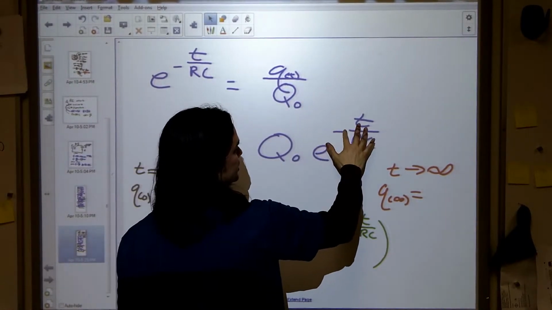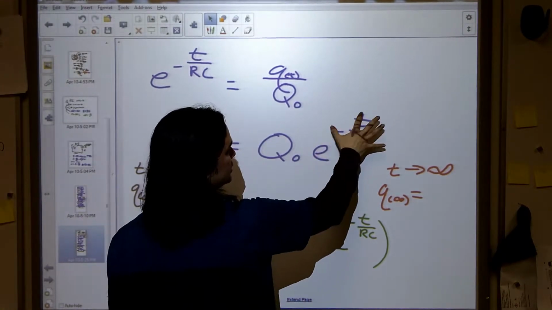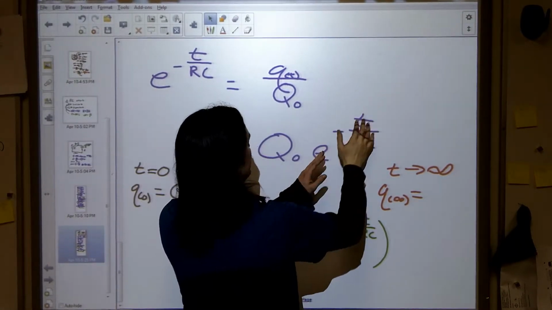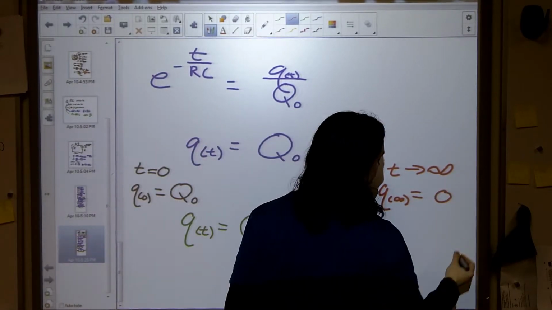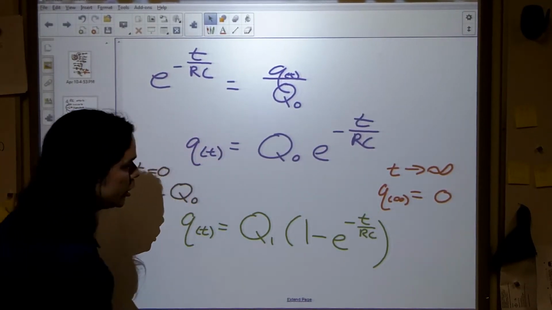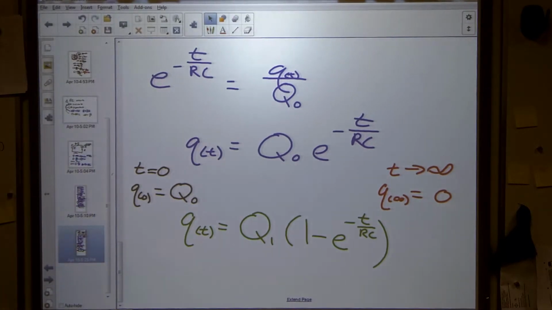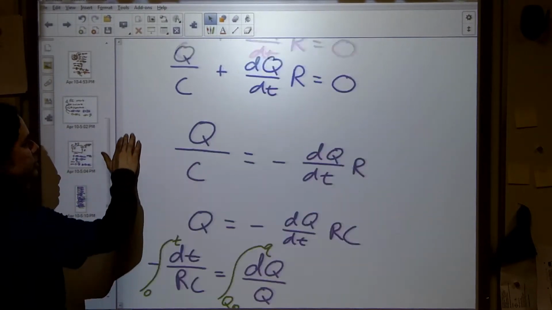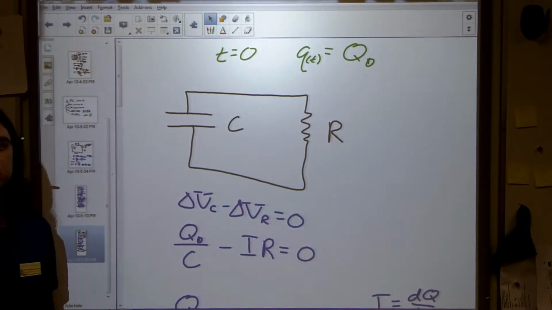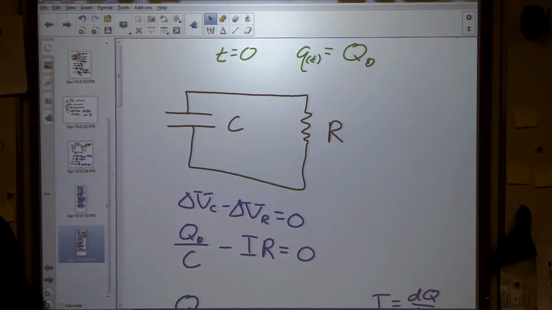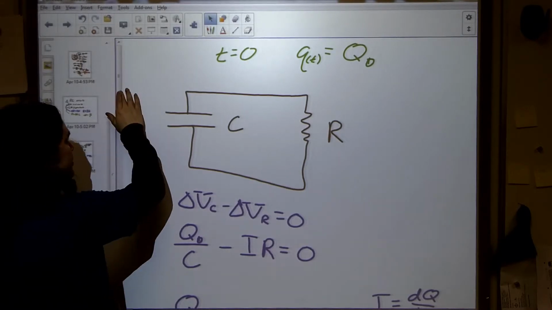As t goes to infinity, since this is negative infinity, e raised to the negative infinity, this whole thing goes to 0. 0 times Q0 becomes 0. Our charge goes to 0. If I wait a really long time, this capacitor will completely discharge, and the charge on the capacitor will go to 0 after technically an infinite amount of time.